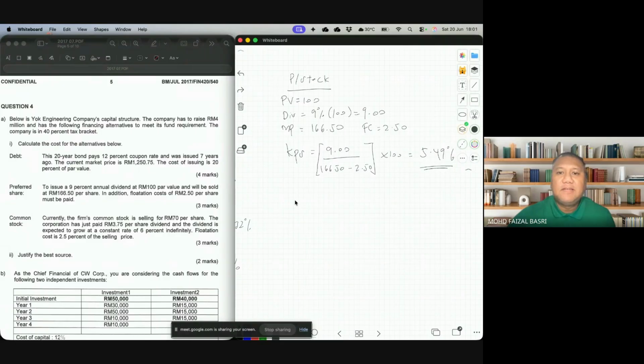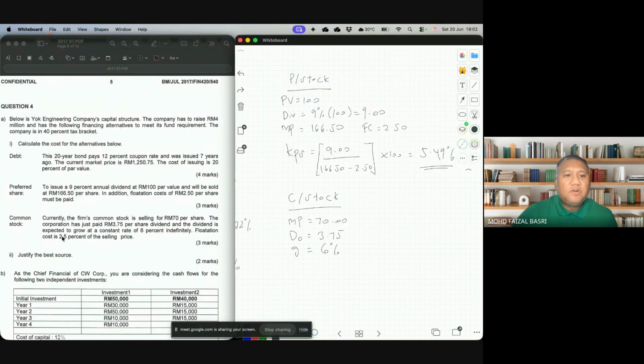So we have common stock last. Currently, the firm's common stock is selling for RM70 per share. So that's the current price, market price dia RM70. The corporation just paid. So they use the word just paid kat sini. So we know that's your D naught, RM3.75. And dividend is expected to grow. The growth rate is 6%.